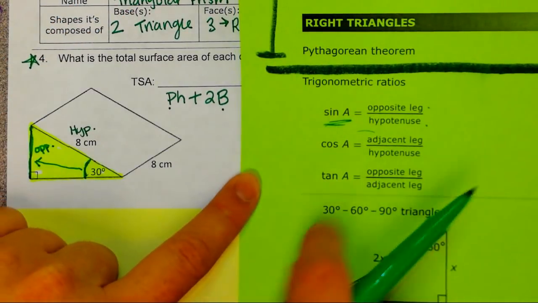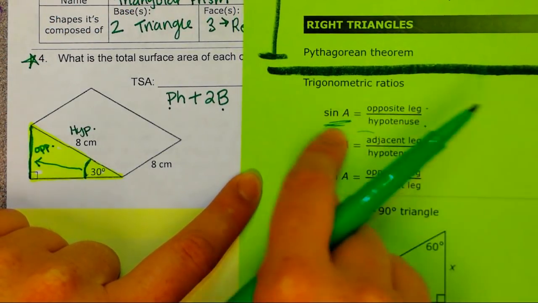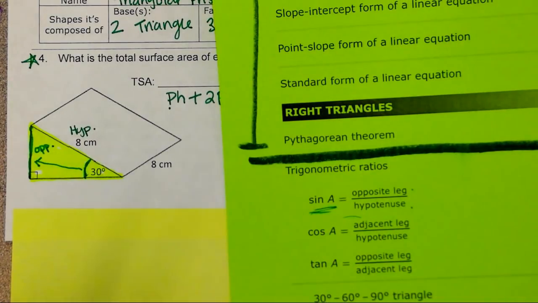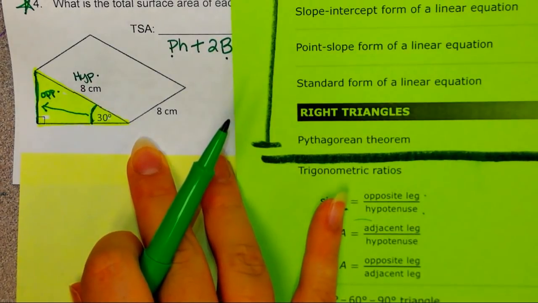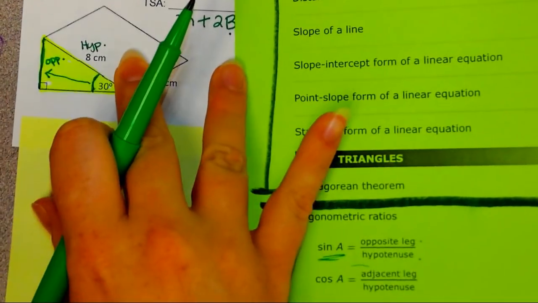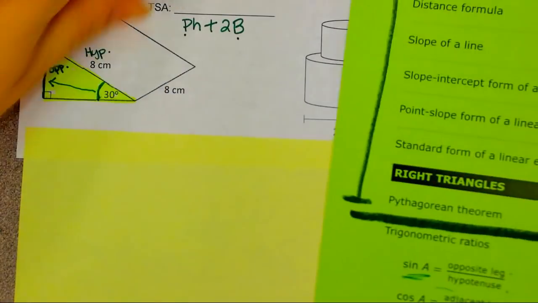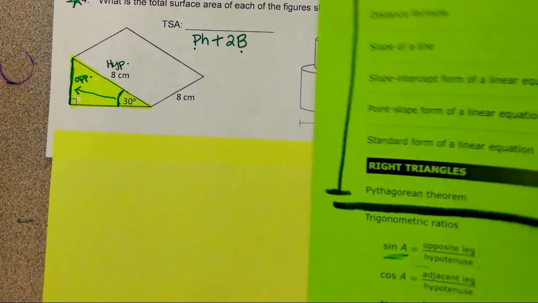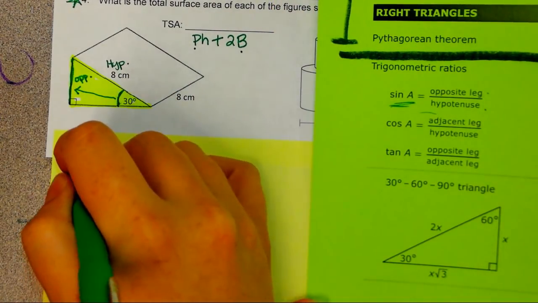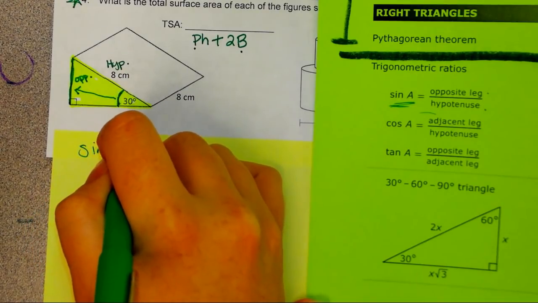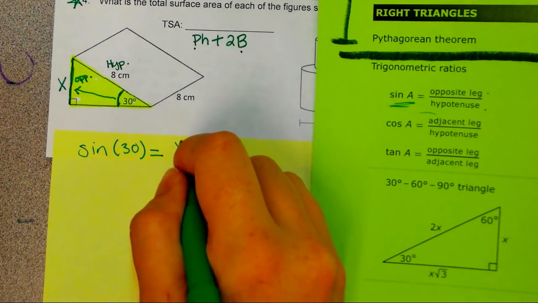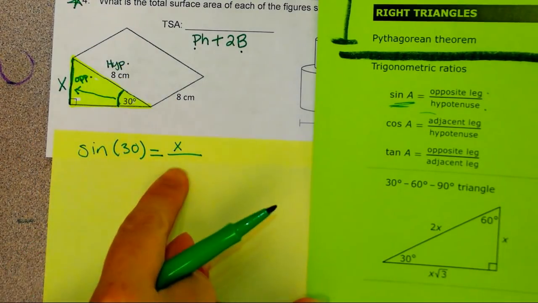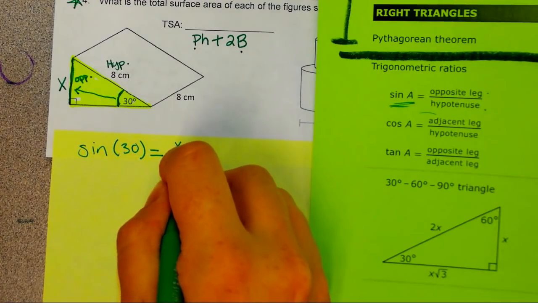Okay? So then we're going to take the information that we have here and plug it into this proportion. Here's what that's going to look like. So we have sine of our angle, which is 30, is equal to the opposite side, which we don't know, we're trying to solve for, over the hypotenuse side, which is 8.